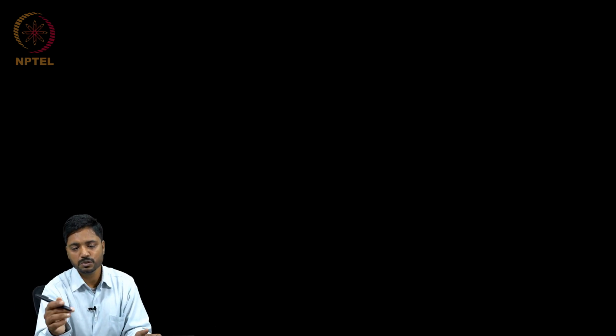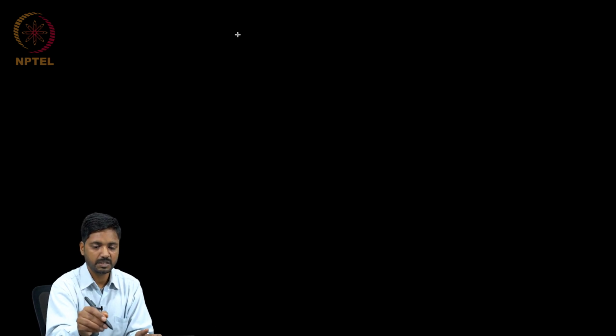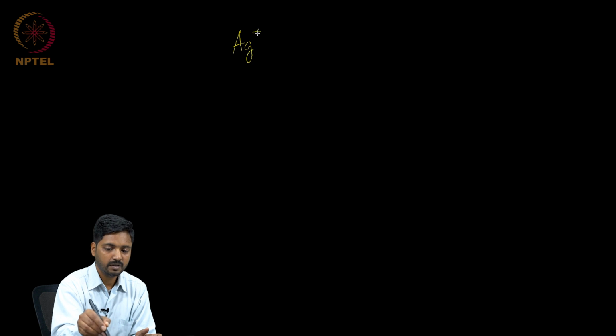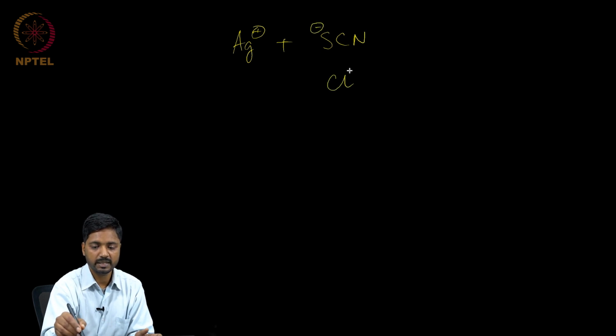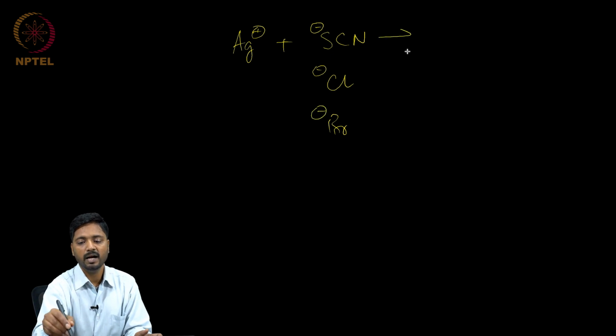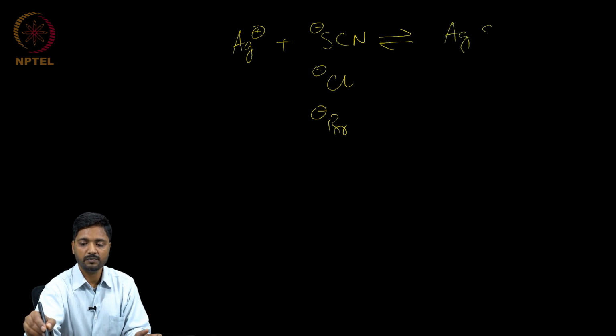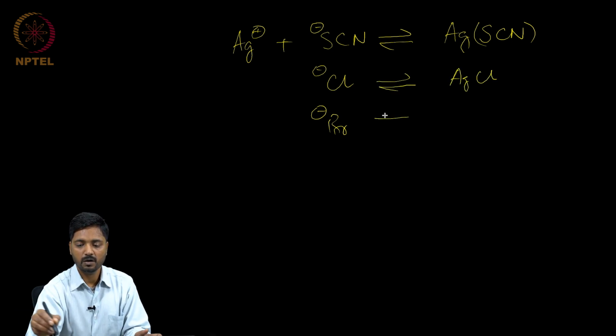This titration is also very similar to the acid base titration, in that we have the silver ions undergoing reaction with either the thiocyanate or the chloride ions or the bromide anions, and this is an equilibrium reaction where we have the formation of either silver thiocyanate, silver chloride or silver bromide.